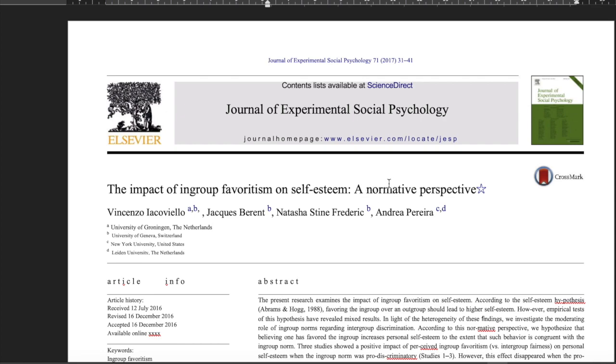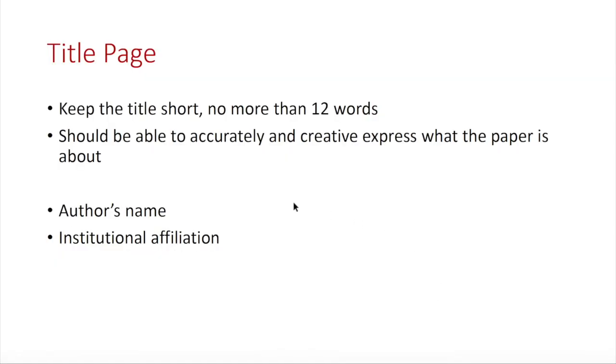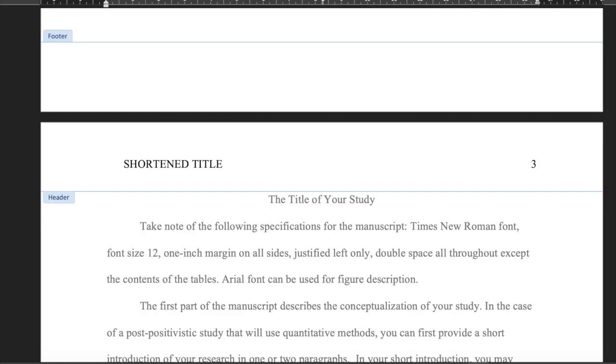So norms also seem to be an important variable in this particular study. Okay, and then below the title is the name of the authors and the institutional affiliation.